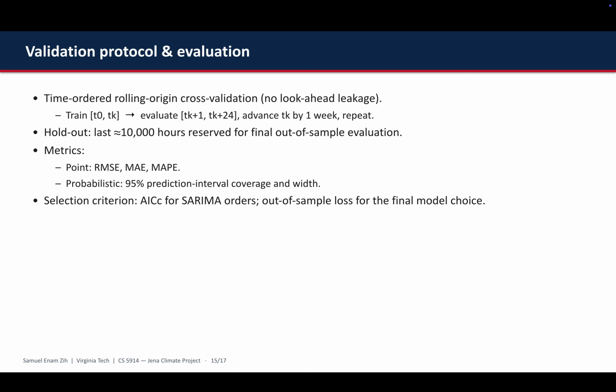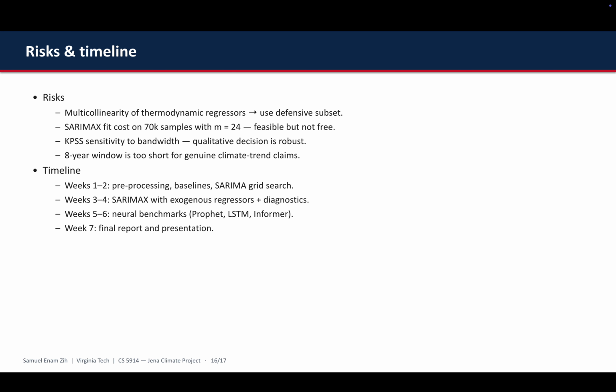Risks and timeline. I want to surface upfront: one, multicollinearity among the thermodynamic regressors, addressed by the reduced subset; two, SARIMAX fitting cost on 70,000 samples with seasonal period 24. Feasible but not free, so I will budget compute time. Three, KPSS bandwidth sensitivity.